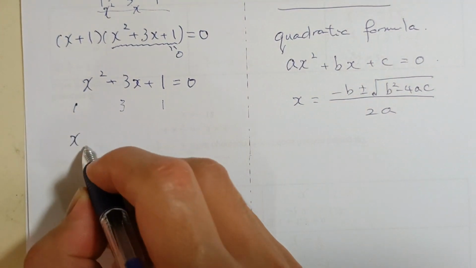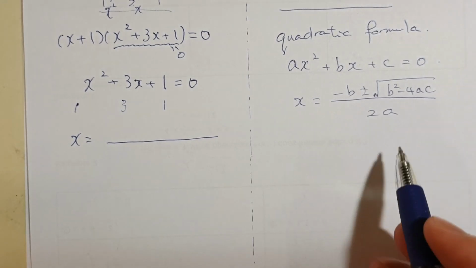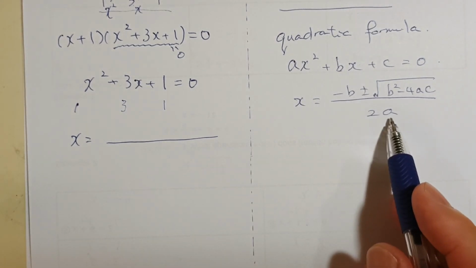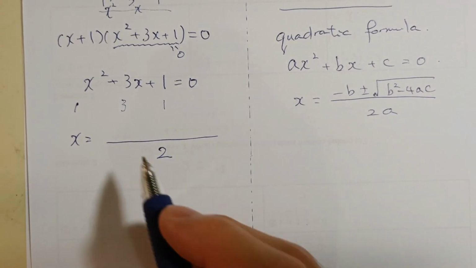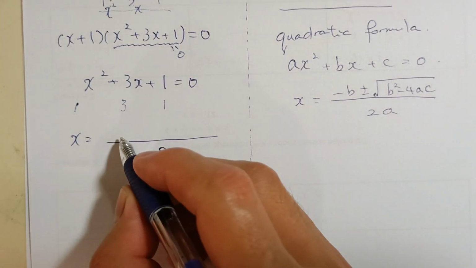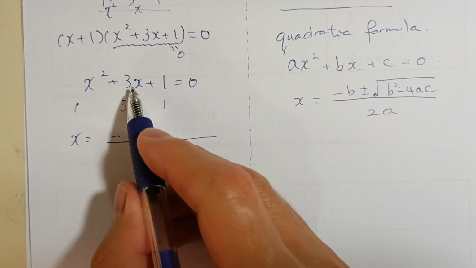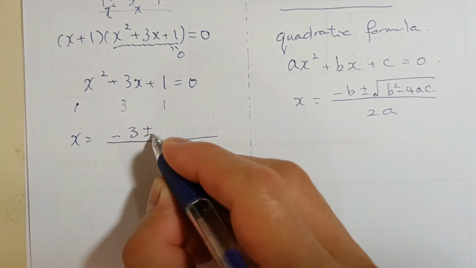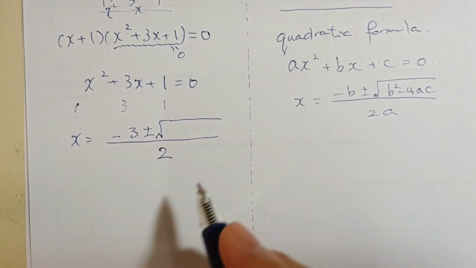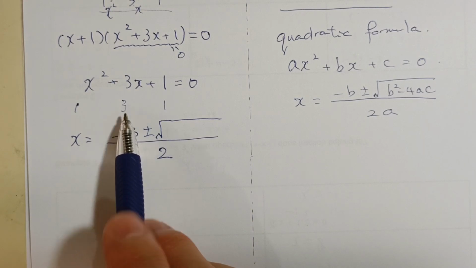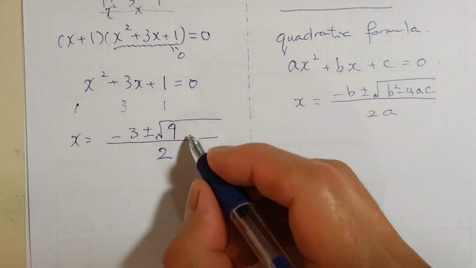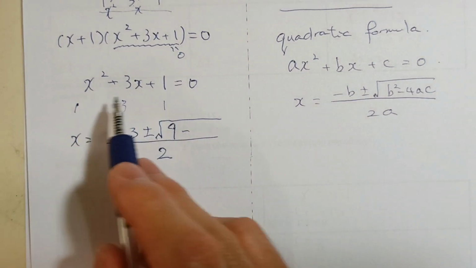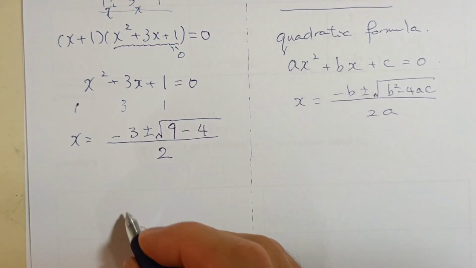So x equals, denominator is 2 times a, which is 2 times 1, so 2. Numerator is negative b, negative 3, plus minus square root, b squared, 3 times 3 is 9, then take away 4 times 1 times 1, which is 4.